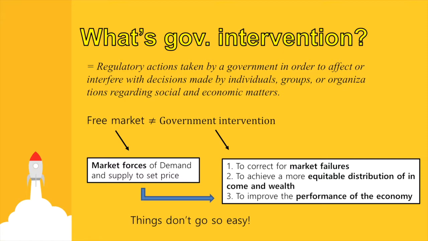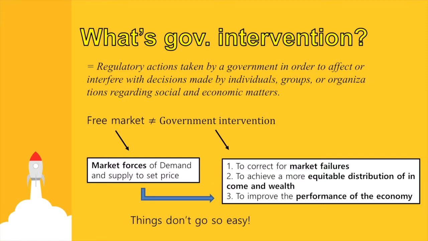But in reality, things don't go so easy. We have so many economic problems, and someone needs to correct those problems, and that is when government starts to intervene in a market.